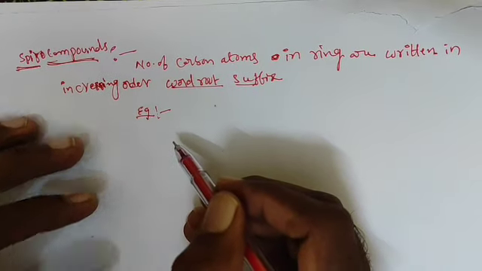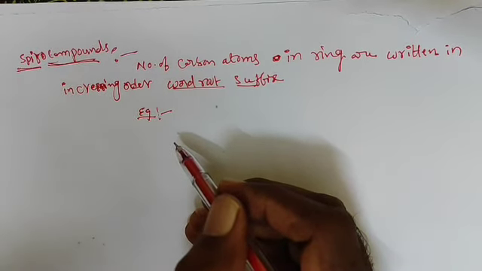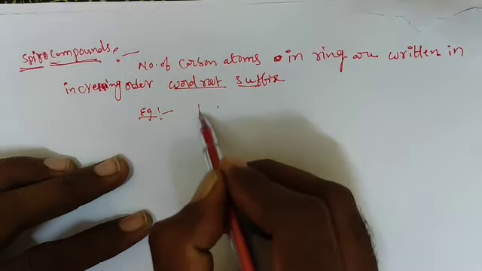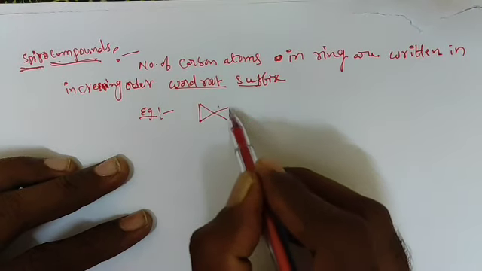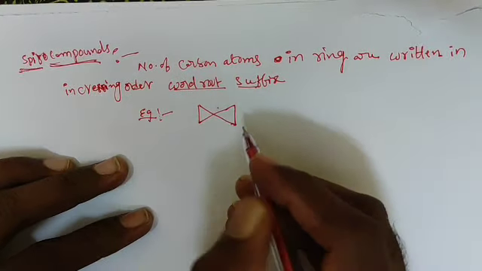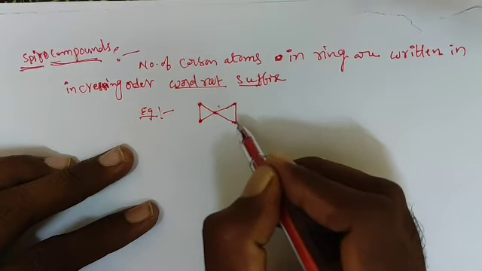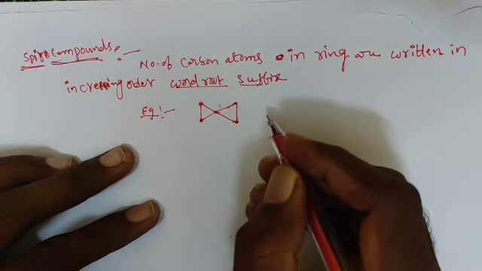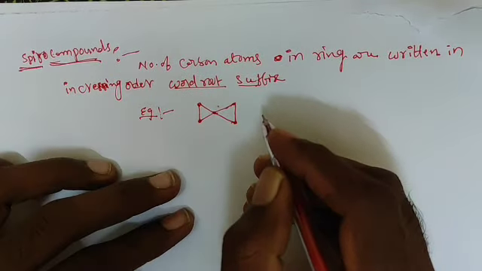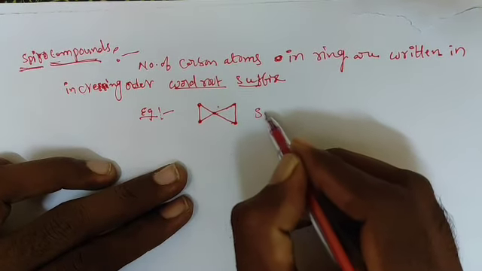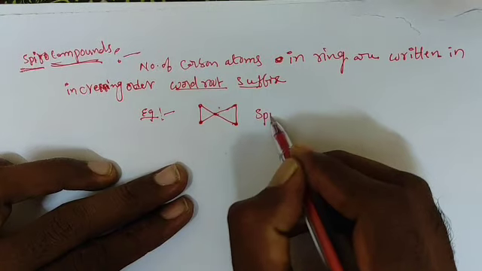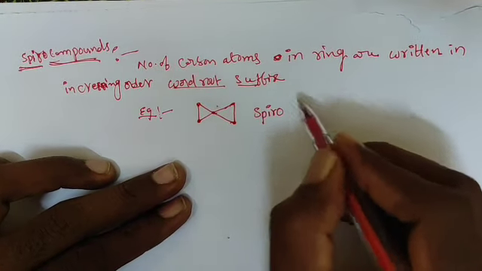I am taking one example. This is the best example. See here, number of carbons, here 1 carbon, 2, 3, 4, 5 carbons. Total 5 carbons. We will give prefix Spiro as it is.